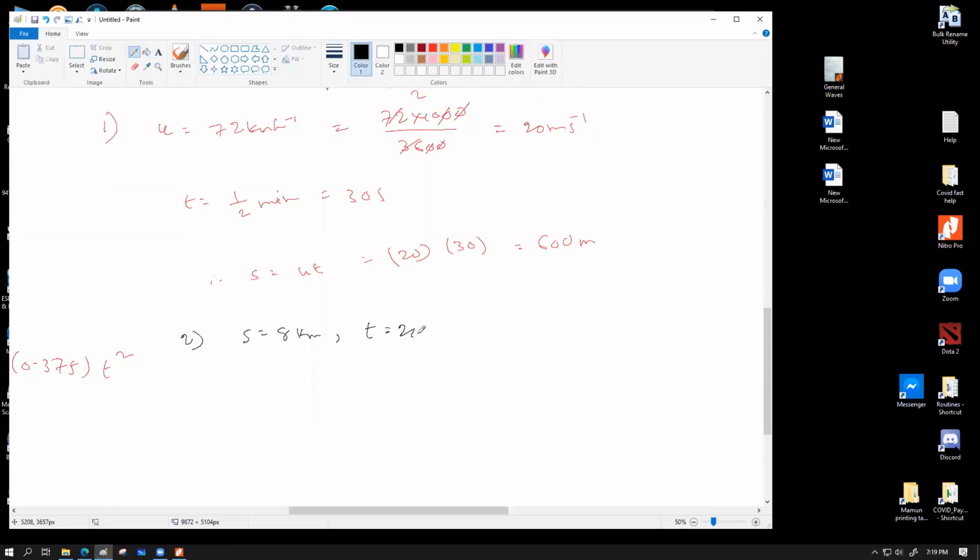Sir, can we do number 1 using the unitary method? We can, but I highly discourage applying the unitary method for this kind of problem. Once the kids start using the unitary method, they try to apply it in as many cases as they feel possible.